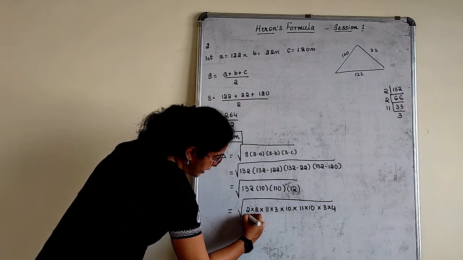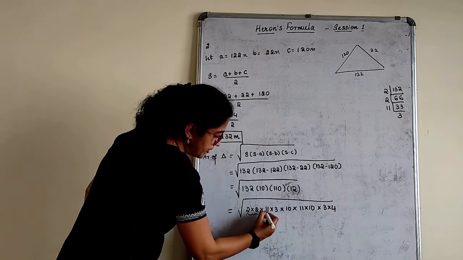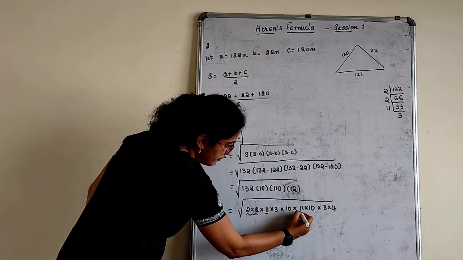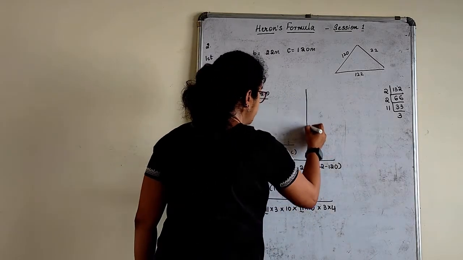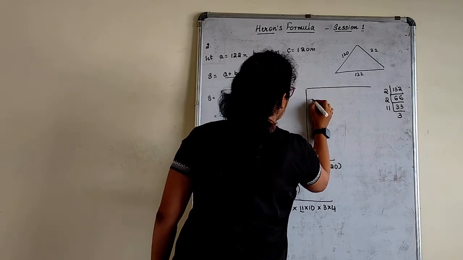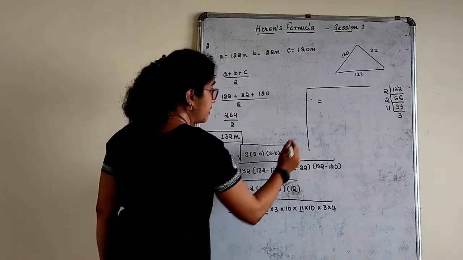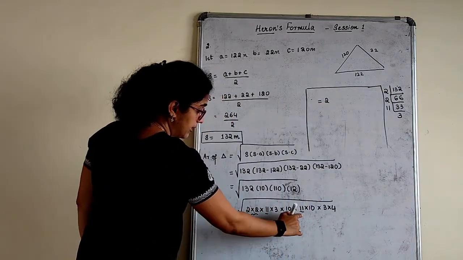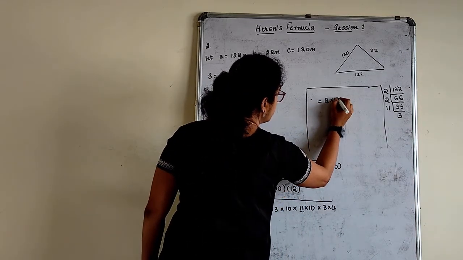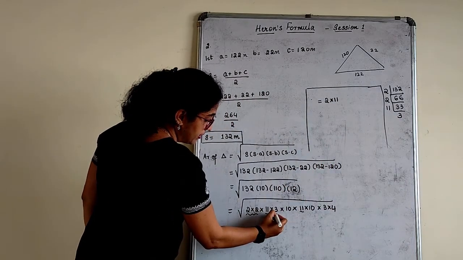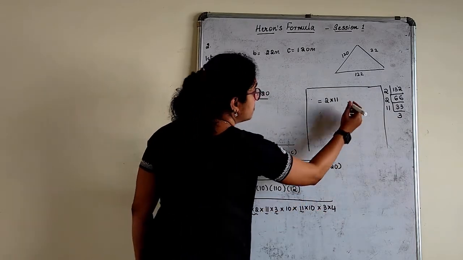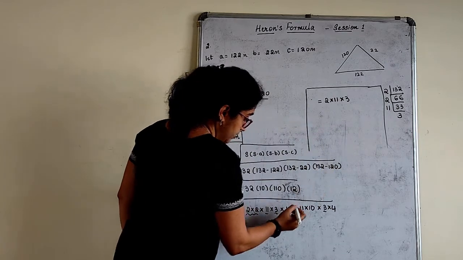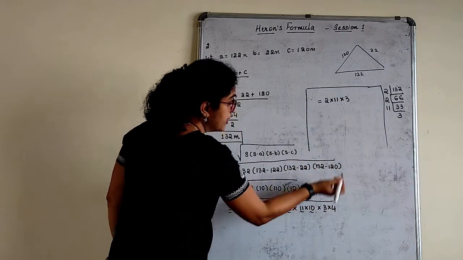Now, check for pairs of numbers. 2 is one pair, bring it out. You have learned that in square roots, children. 11 is one pair, bring it out, because we are removing the square root. Then 3 is one pair, bring it out. Then 10 is one pair, bring it out.